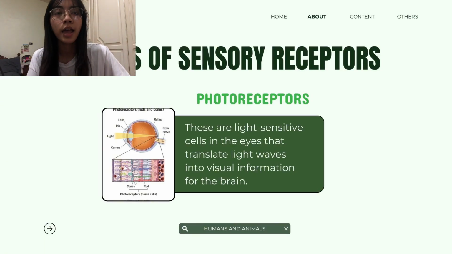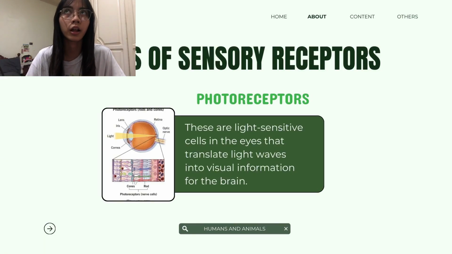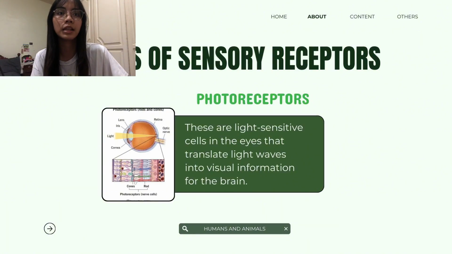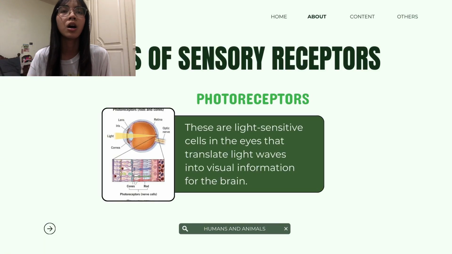Rods help detect movement and see light in low-light areas. And the cones help us see colors, or see more defined texture. And that is how the types of sensory receptors work.